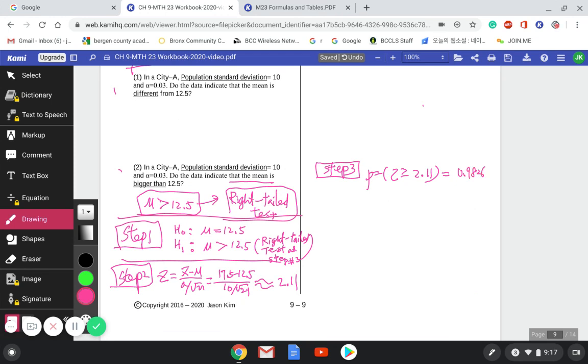But the thing is that the p-value that you're looking for, when you have a bigger than, you have to say 1 minus the probability of z less than or equal to 2.11. Okay? Because you have to do a right tail test. When you have a right tail test, this is always 1 minus the left tail test.